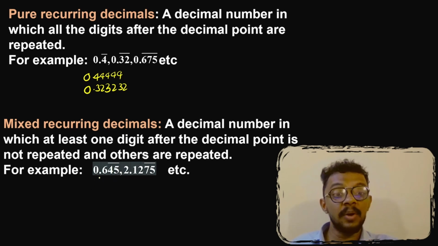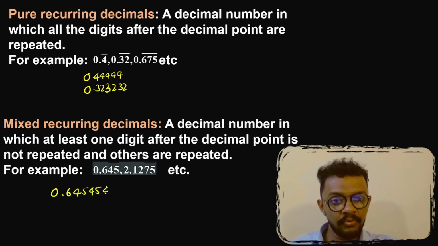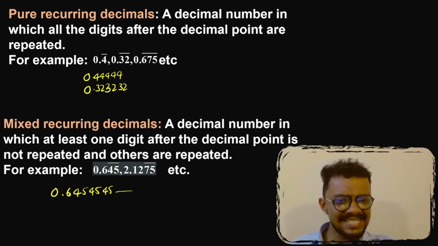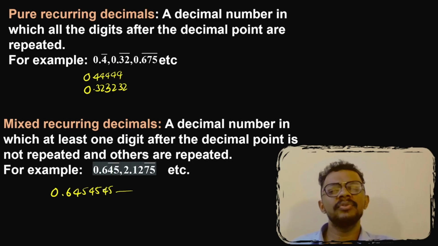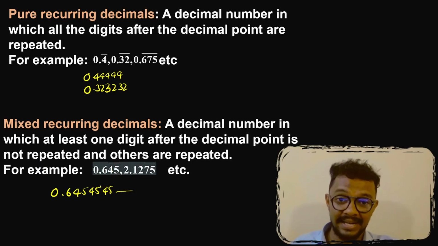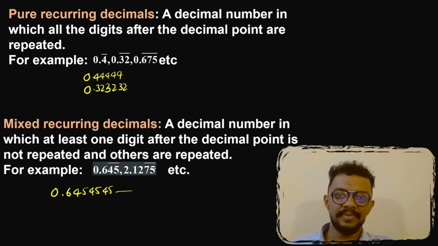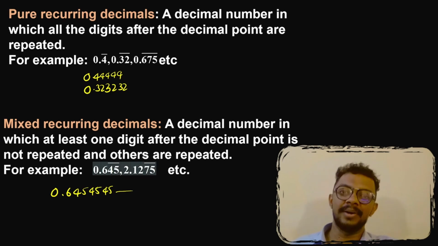For example, 0.645 bar or 0.6454545 etc. This is mixed recurring. Why? 6 is after the decimal and is not repeating. The remaining 4545 is repeating again and again. Another example, 2.1275 bar. Only 7 5 is repeating. After the decimal, 1 2 is not repeating, but 7 5 is repeating. That's the difference between mixed recurring and pure recurring.